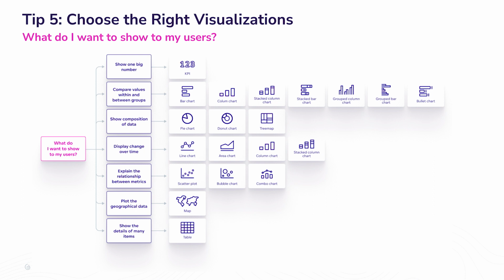If you need to show a composition of data, there are two kinds of obvious choices, which would be pie chart and donut chart, but be very careful with those, because as I said, humans are very good at comparing lengths. They are very, very bad at comparing angular distances, meaning the angles in the chart.